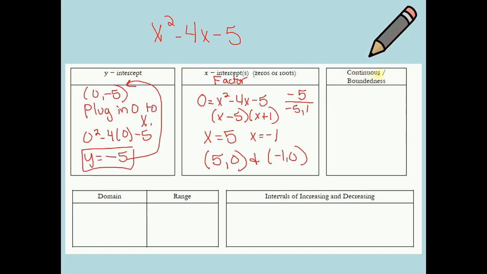Continuous, we talked about continuous. This is continuous because I can draw it continuously, I don't have to pick up my pencil and move it. It doesn't have any discontinuities anywhere. Boundedness, remember there were a couple of options we had for that. We could say it was bounded above, bounded below, not bounded, or bounded, which means above and below.